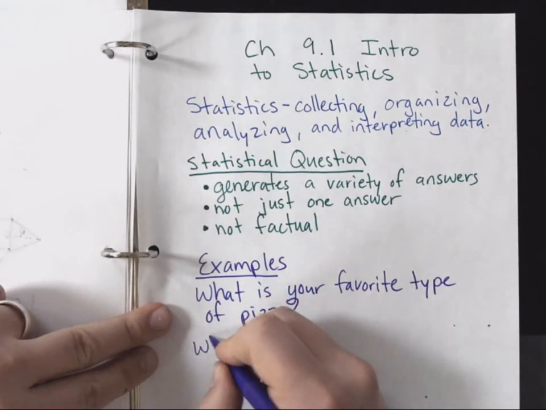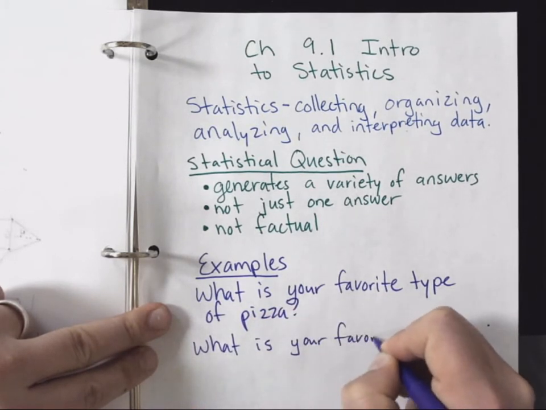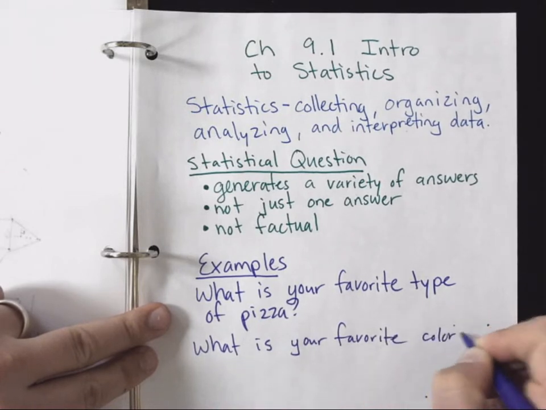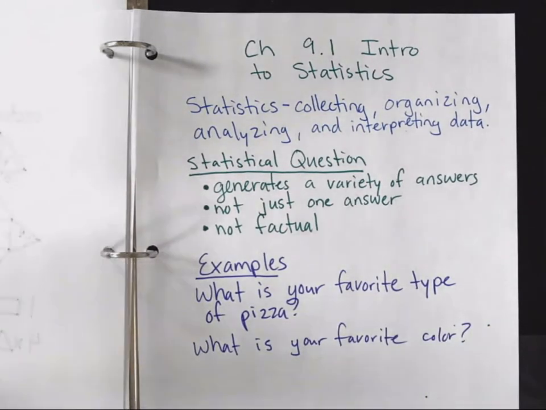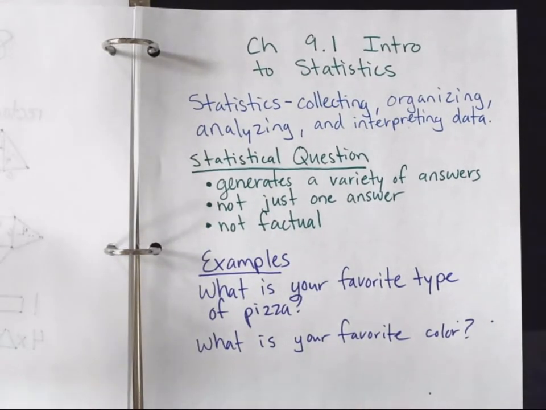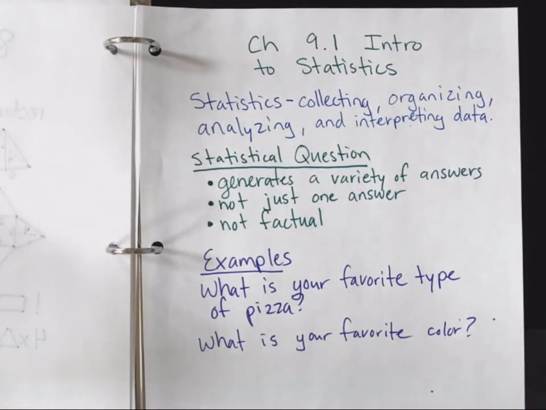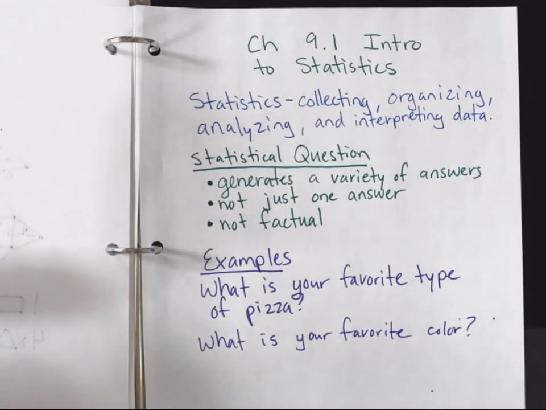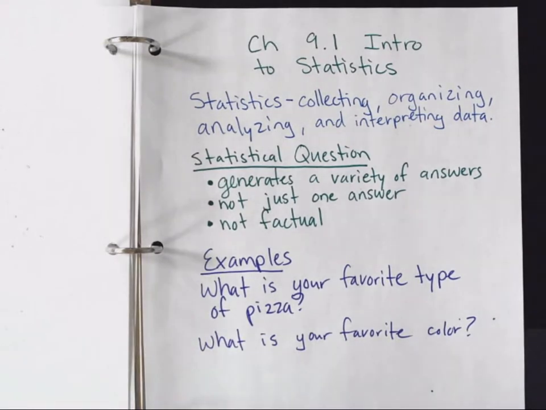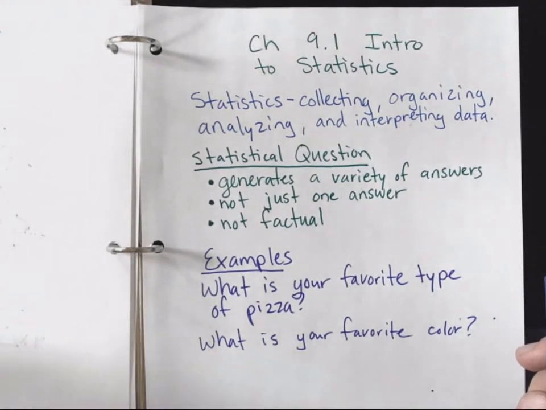You could say, what is your favorite color? Okay, those kinds of questions are statistical questions. They're going to generate a variety of different answers. If you asked every person in the class each of these questions, some of them might be the same, but you might also get a variety. My favorite color might not be the same as your favorite color, or I might like Hawaiian pizza and maybe you like pepperoni pizza. Okay, so we're going to be able to gather a variety of answers here. There's not just one correct answer for every student in the class.